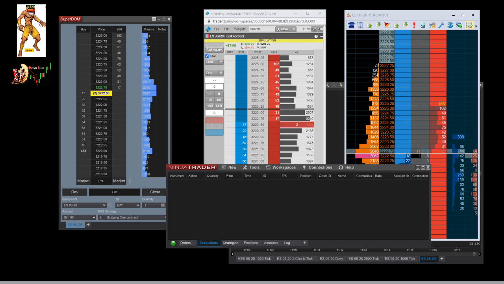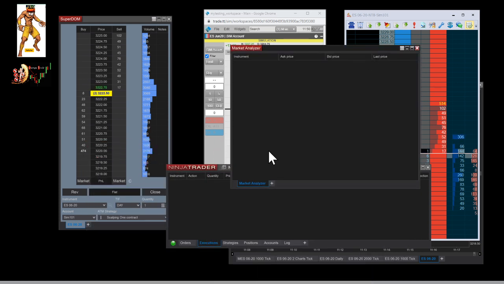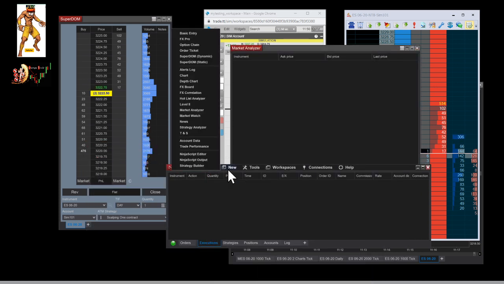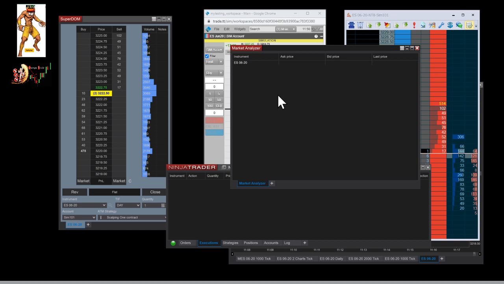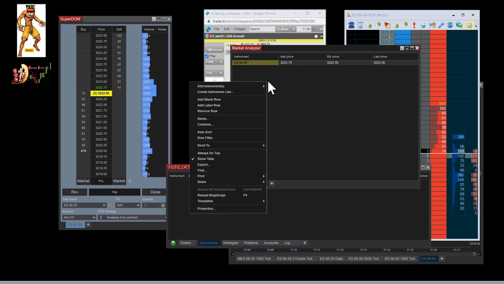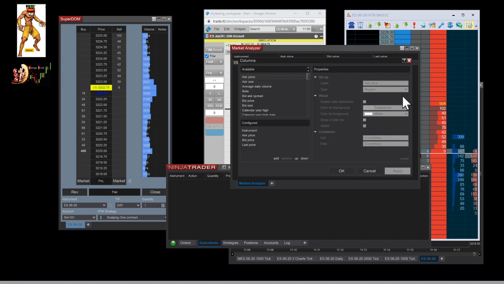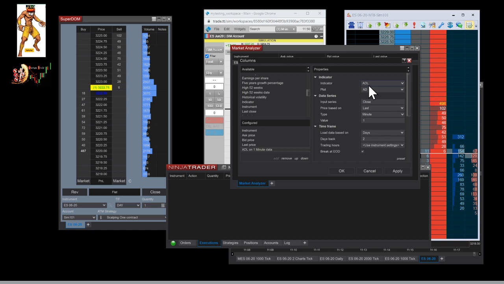Yeah, Market Analyzer. Then I will add my instrument, so the ES, and then on the ES I can add a column, right? And on the column, when you install Jigsaw, it will propose something on the indicator.